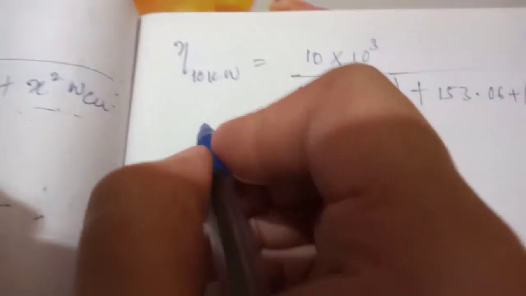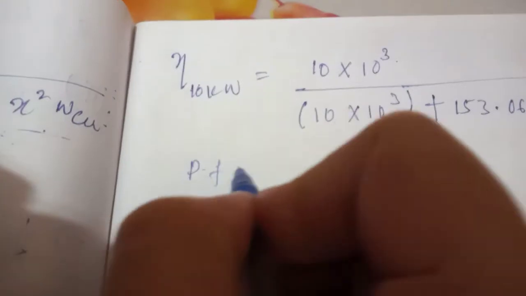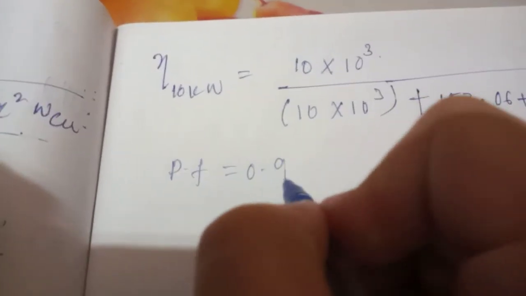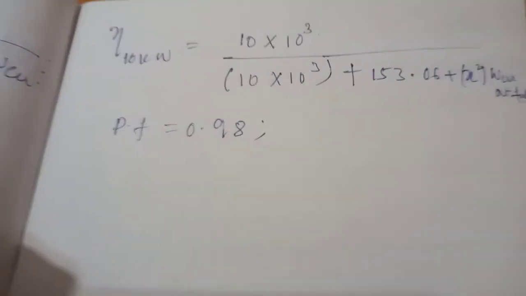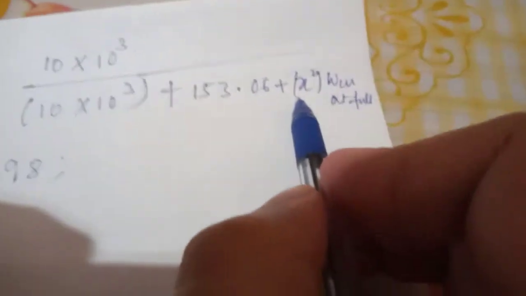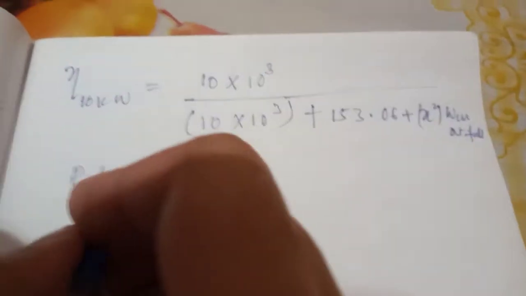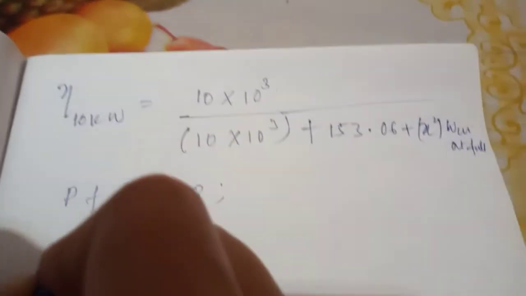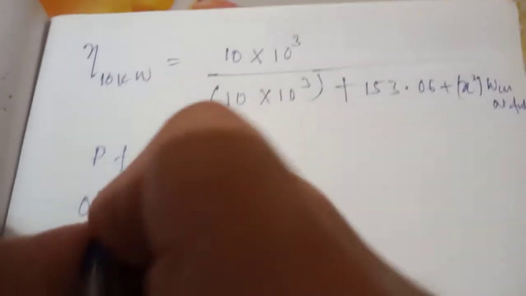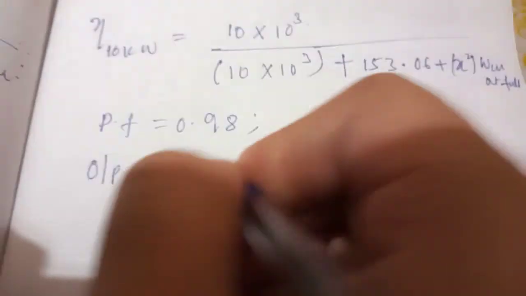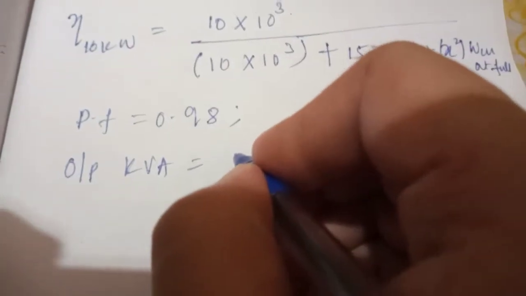If I take the power factor of 0.98, what is the value of x I have to calculate? X is very simple. What is the output kVA? Output is full load kVA into power factor.